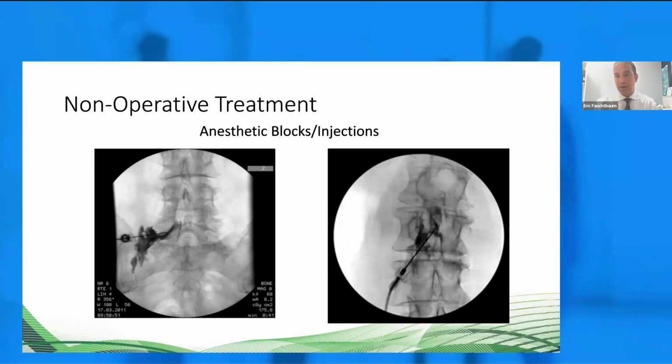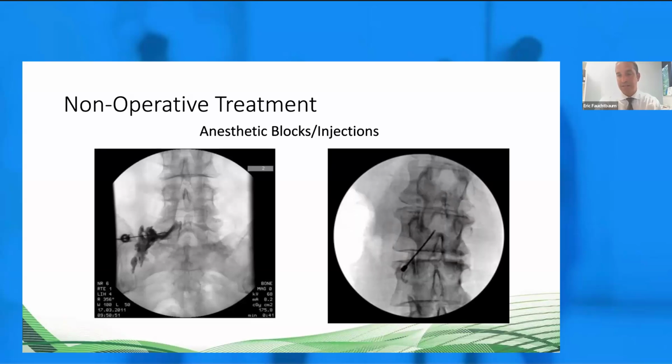I'm a believer that targeting the most symptomatic nerve root that's bothering the patient is sometimes better than doing a larger surgery, which has a bigger risk of complication, longer recovery, and is a little bit more painful to recover from.